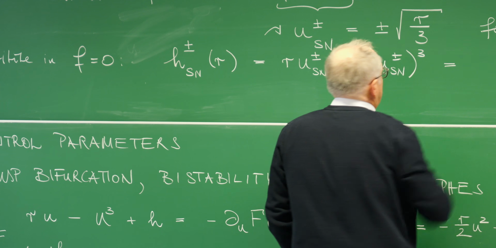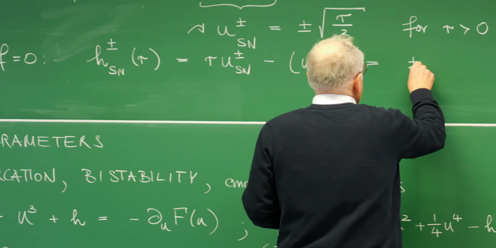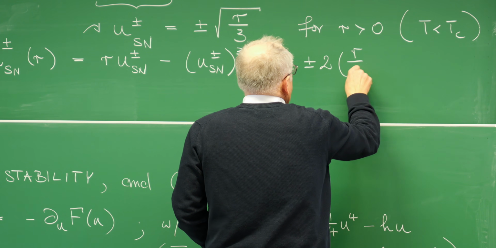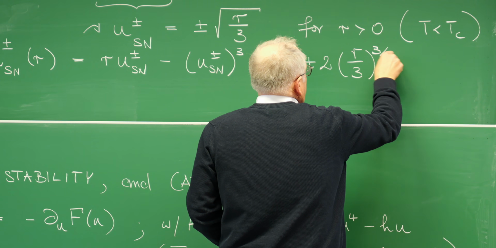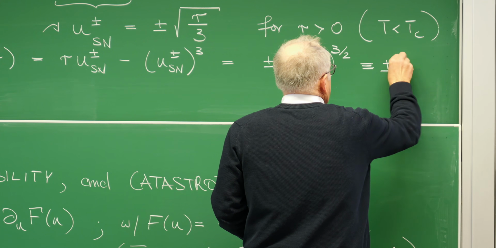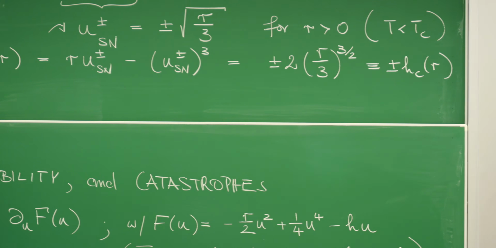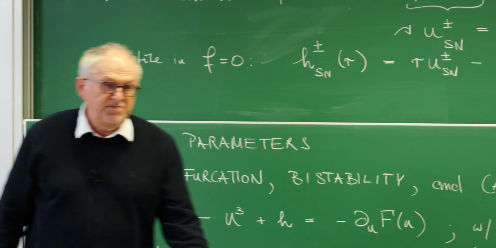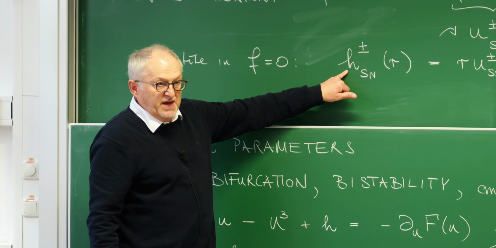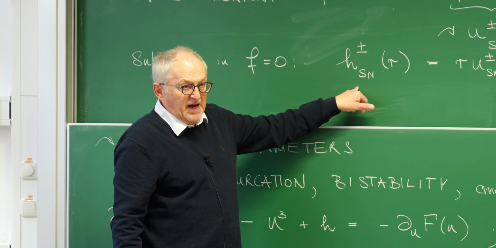And when you insert what you have for the saddle node bifurcation, this will give you plus or minus 2 times r over 3 to the power 3 over 2. And that I define to be plus or minus the critical value hc of r. Okay, and what we have found by doing that are the two lines in the space of h and r where a saddle node bifurcation happens.